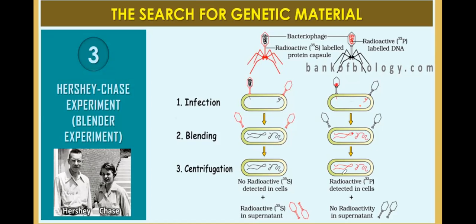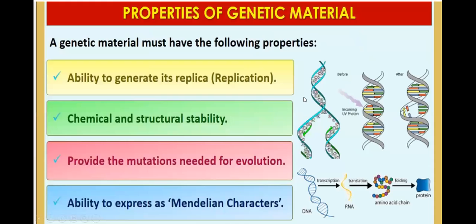So in blending, the DNA is inside. When centrifugation was done, radioactive phosphorus was detected in the bacterial cell, and no radioactivity was detected in the supernatant. So in this way, it was proved that DNA is the genetic material.